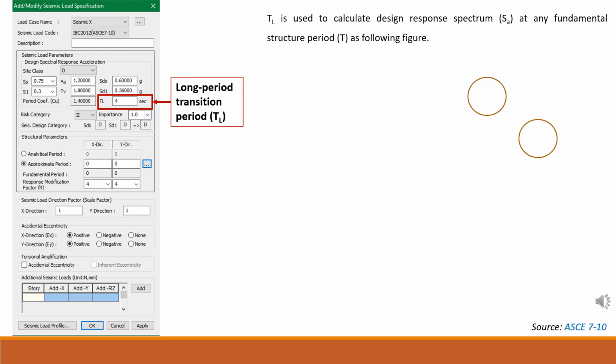TL is used to calculate design response spectrum, SA, at any fundamental structure period, T, as in the following figure.